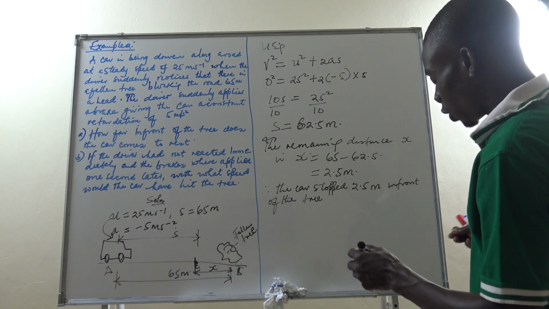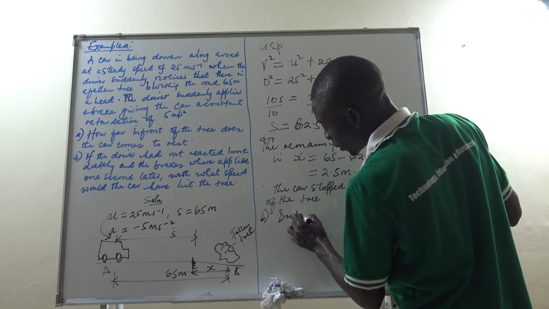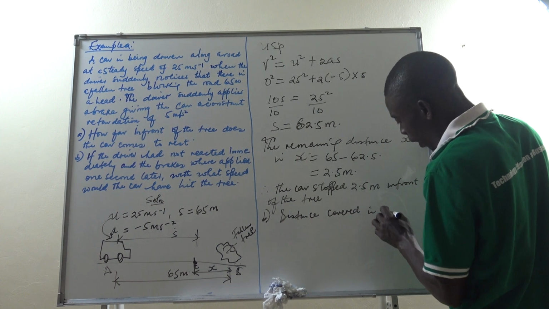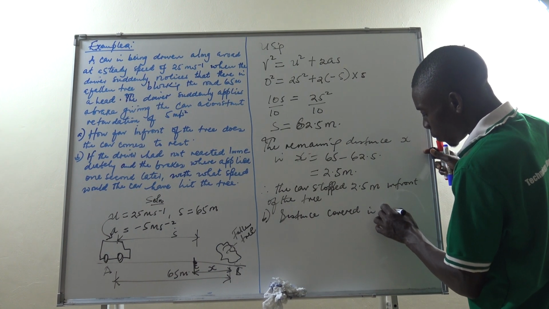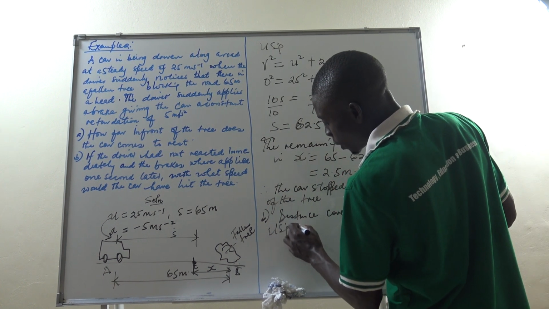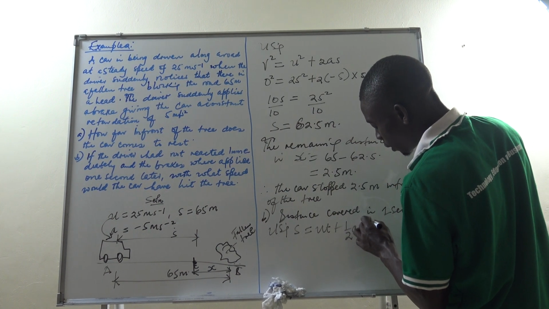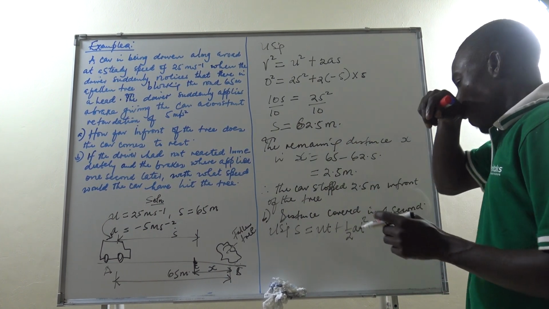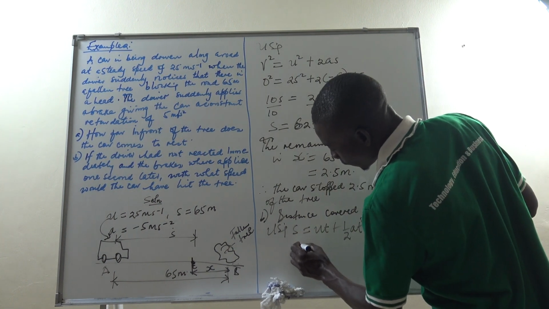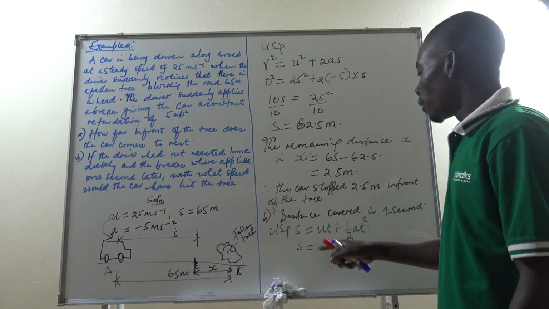1 second. So for part B, we can look at the distance covered in 1 second, using S equals UT plus a half AT squared. I'm looking at the distance covered in that time frame. It was moving with a constant velocity.